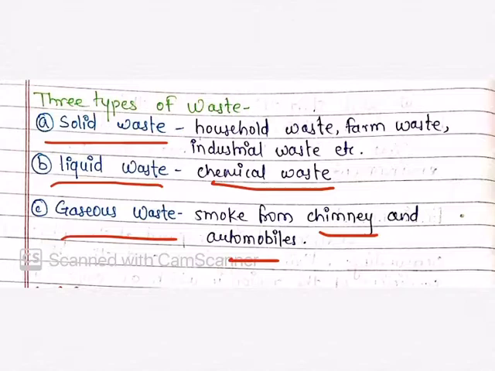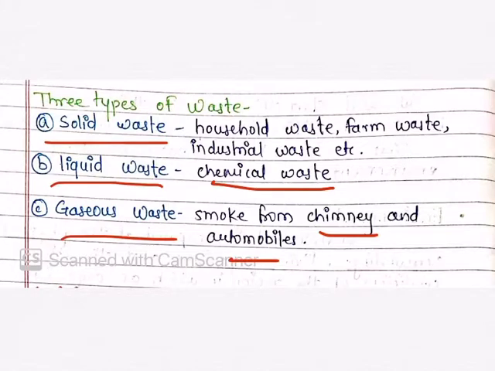Some examples are given: solid waste is household waste, farm waste or industrial waste. Household waste means whatever is in the dustbin from our house, that is plastic wrappers, waste food material, cloth or papers. These are the waste from the household.